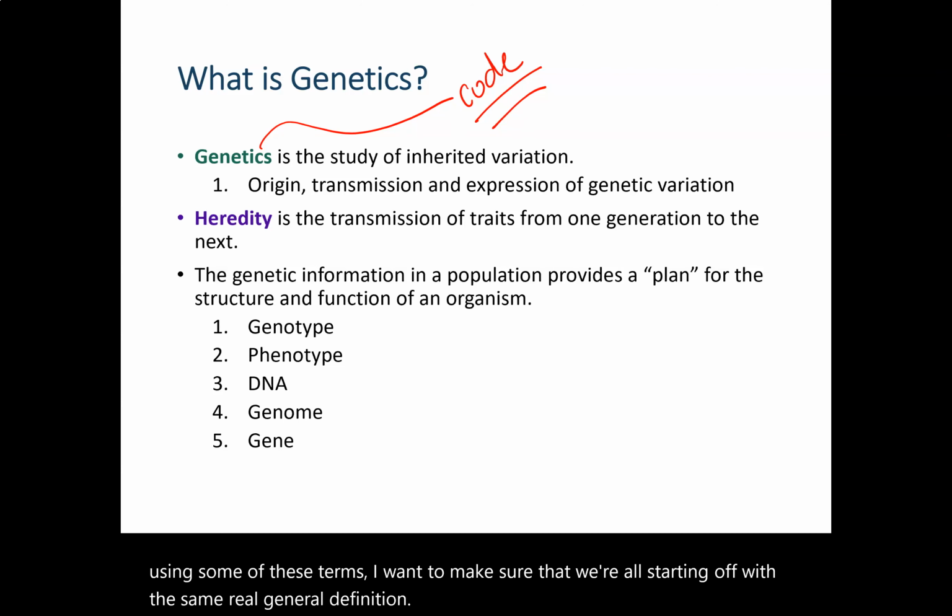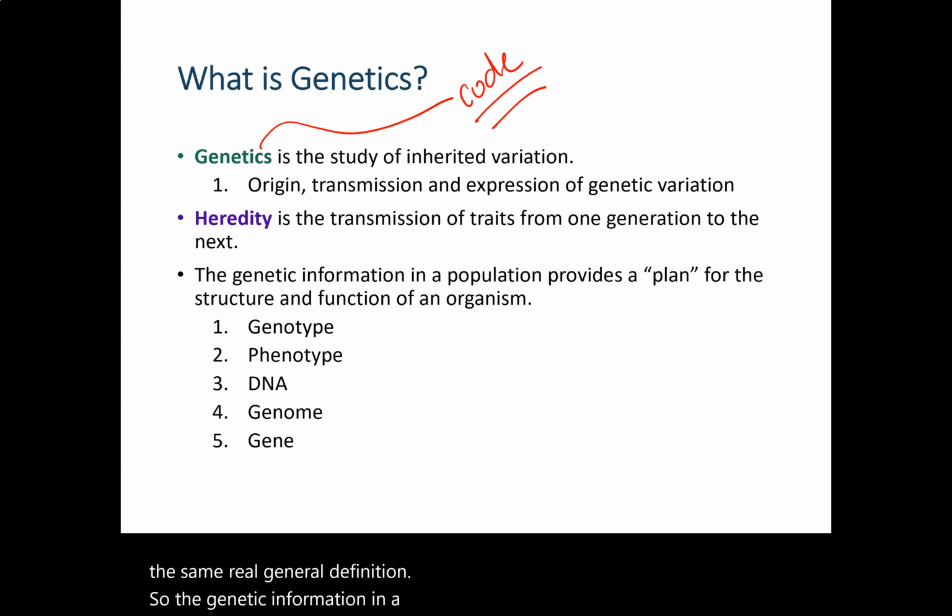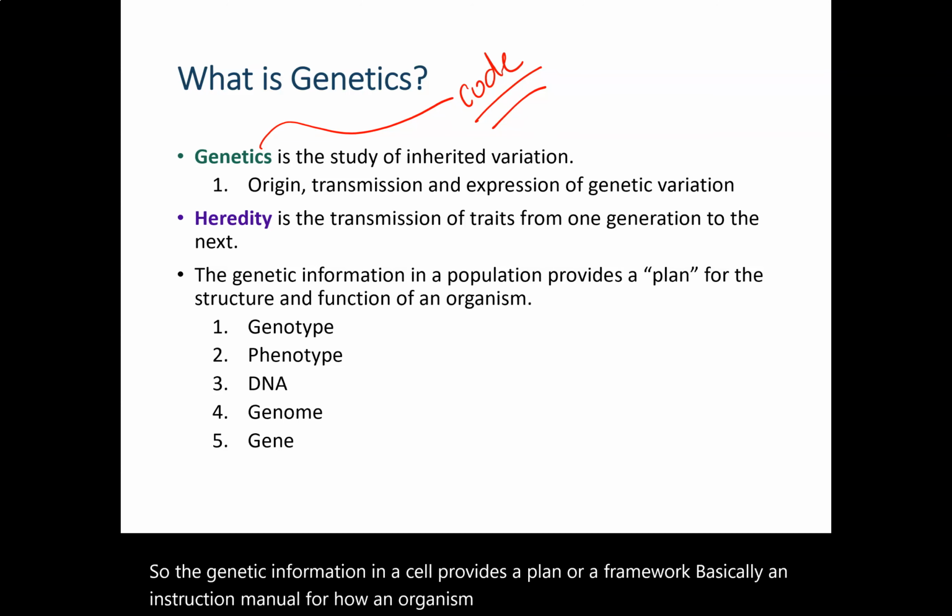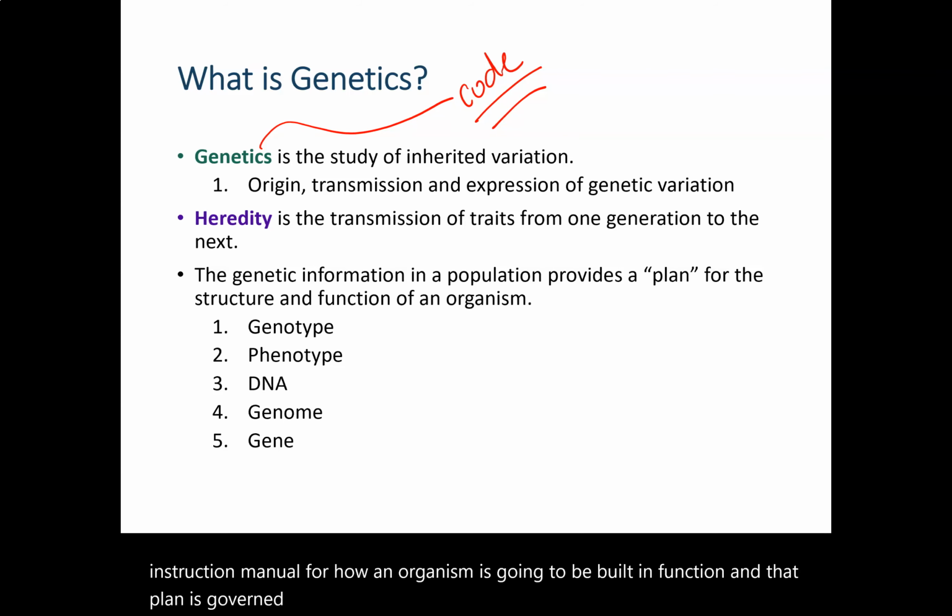So the genetic information in a cell provides a plan or a framework, basically an instruction manual for how an organism is going to be built and function. And that plan is governed by some key features of how all of this genetic information works.